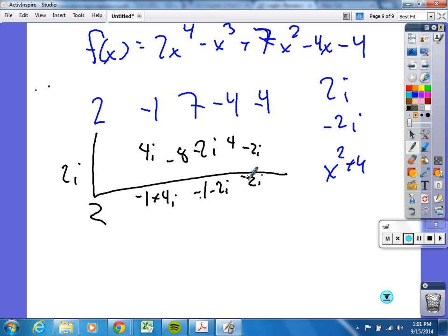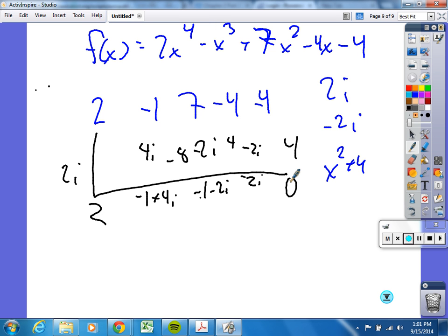And negative 2i times 2i becomes negative 4i squared, which is 4. Negative 4 plus 4 is 0. That shows that it is a factor, and it should be because that's what they told me, right? It was a 0. It was a factor. It better be 0. If not, you did something wrong.